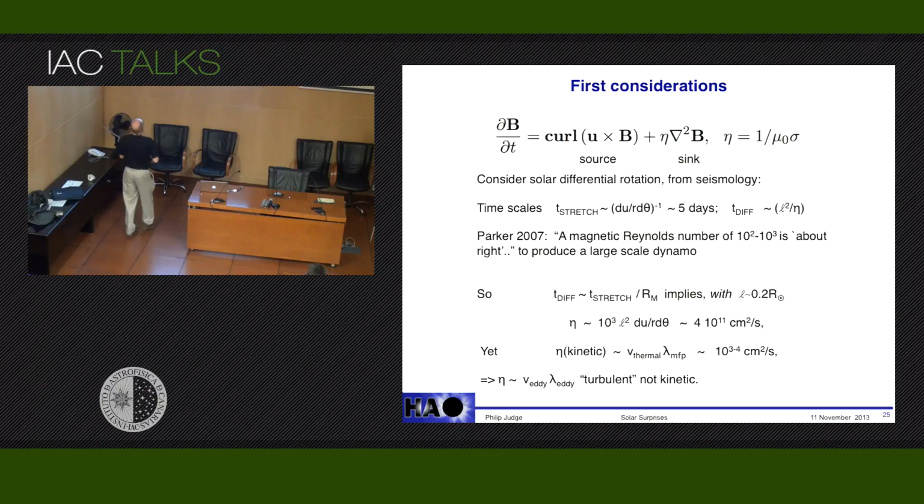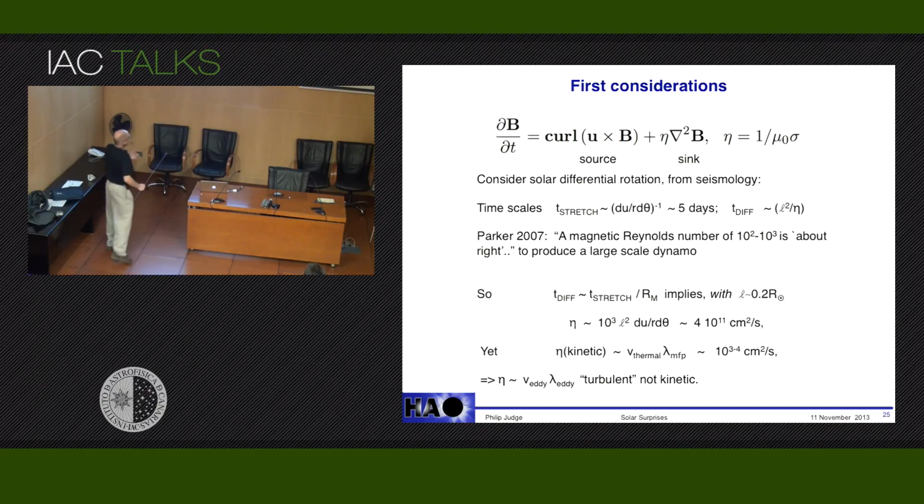And if one looks at the situation and asks what we really need in the way of an eta to make this work in a cycling sense, you have a time scale here of 5 days or so, and you have another time scale here.